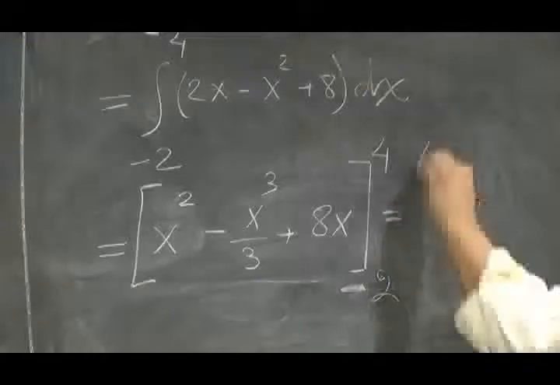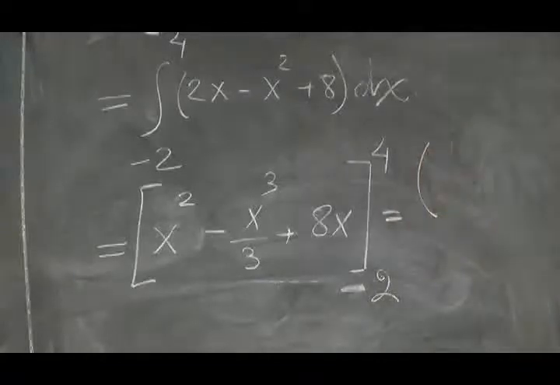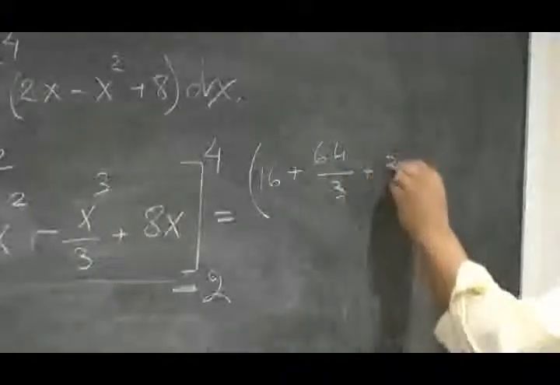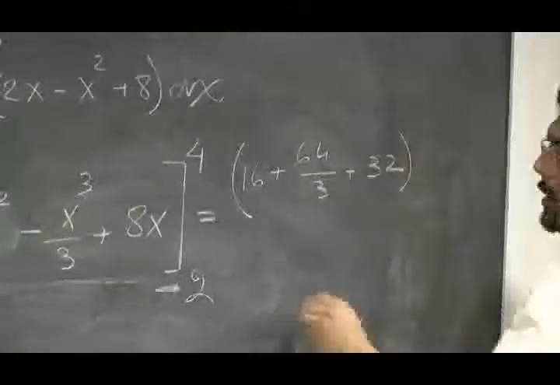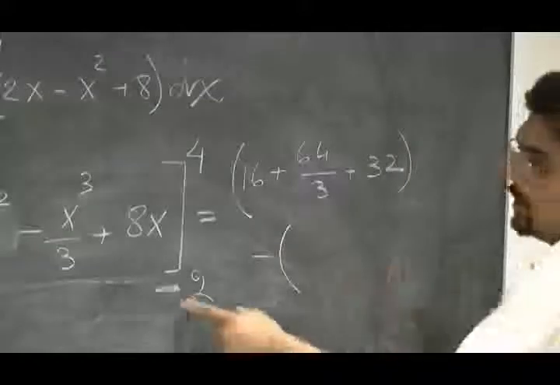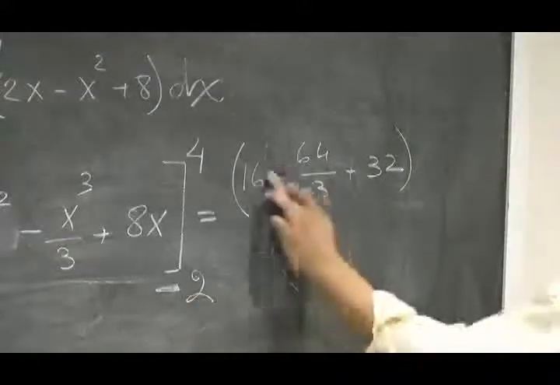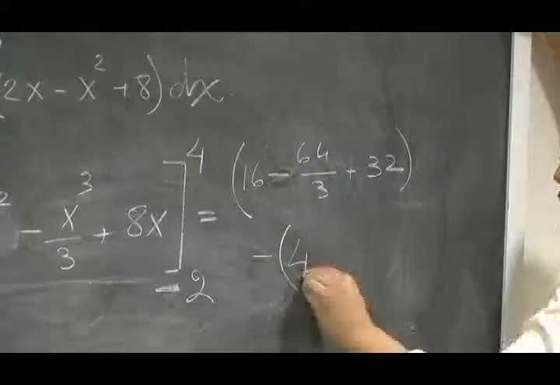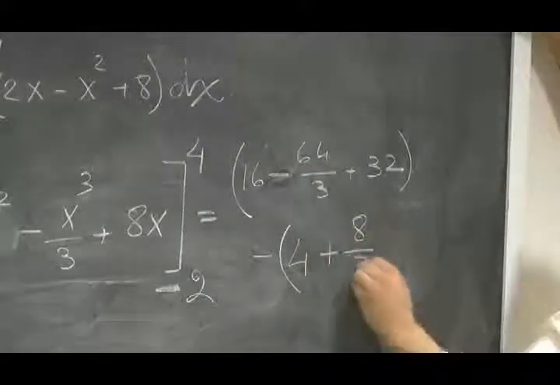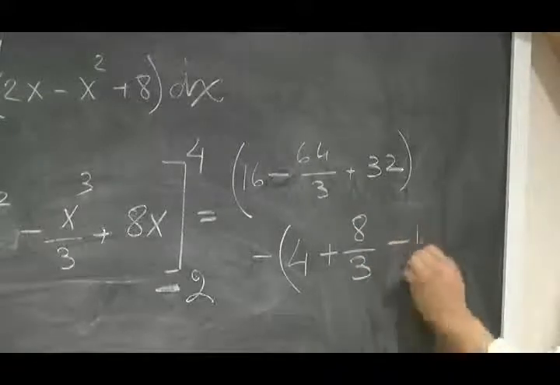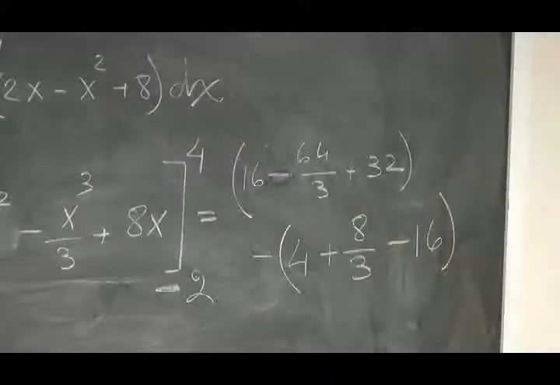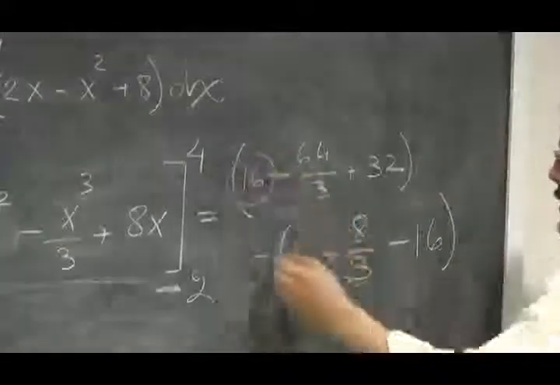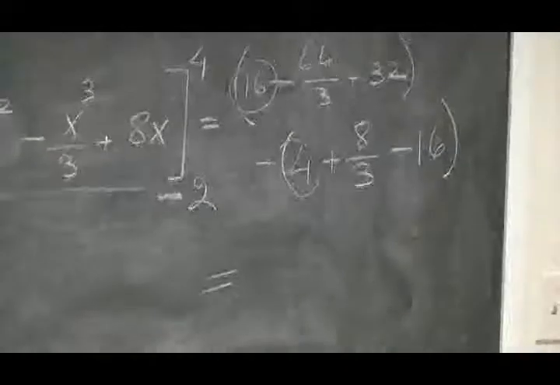So then what we'd like to do is evaluate this function at 4. It is 16 minus 64 over 3 plus 32. And then minus, evaluate the function at negative 2. This is minus 64 over 3, by the way. So that would be 4 plus 8 over 3 minus 16. Let's do the integers first. 16 minus 4 is 12.